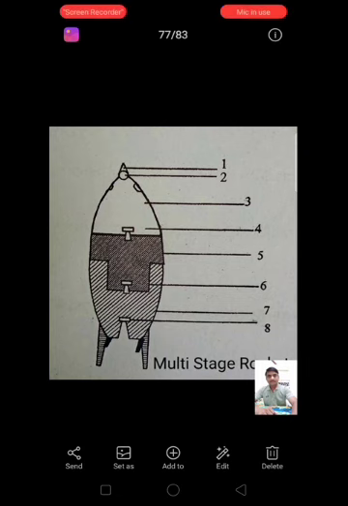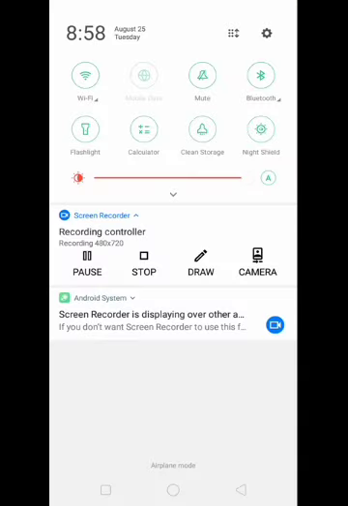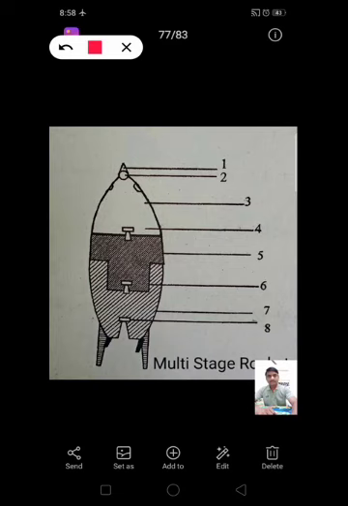So look at the screen. There are labels on the screen. The diagram of the multi-stage rocket is labeled as 1, 2, 3, 4, 5, 6, 7 and 8.